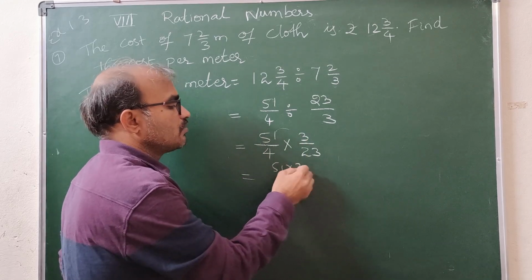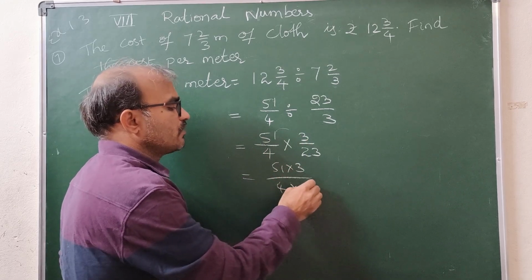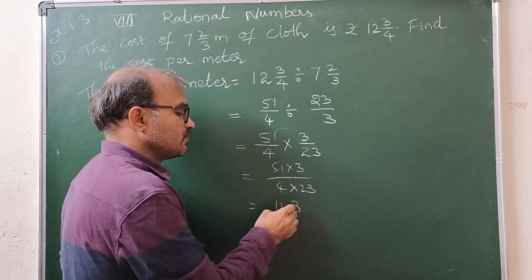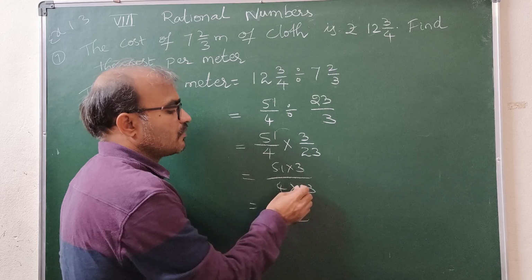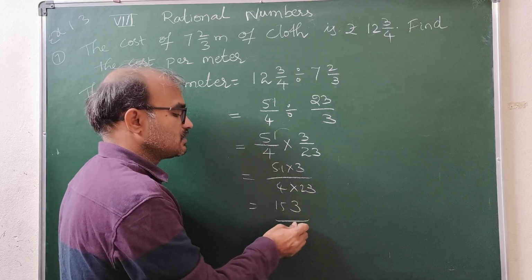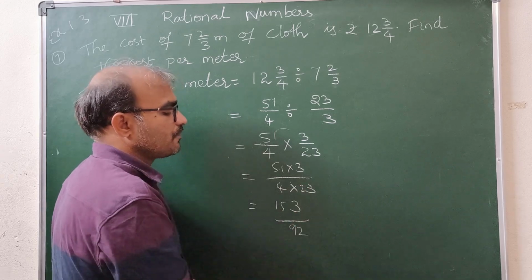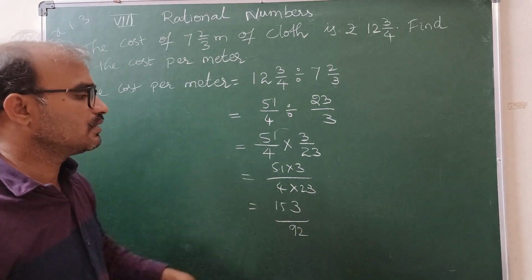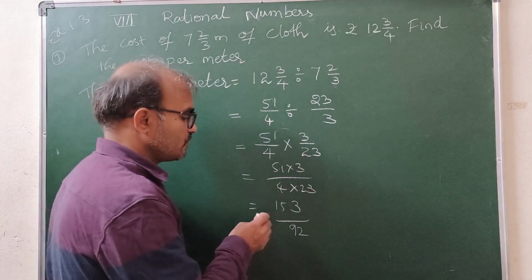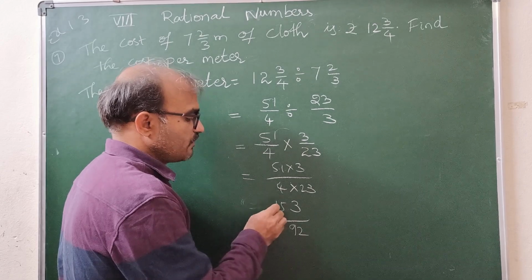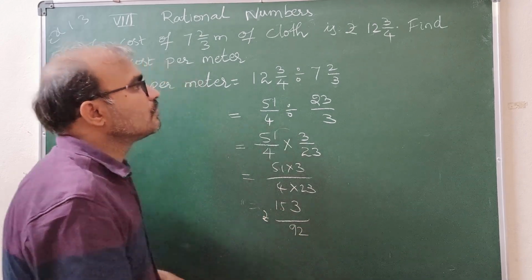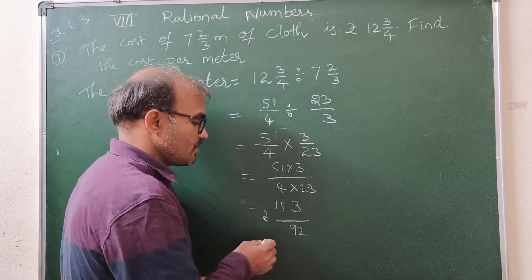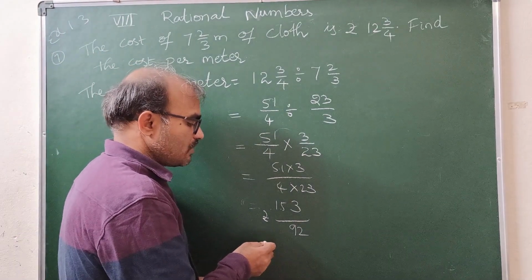So 51 into 3 by 4 into 23. 3 ones are 3, 3 fives are 15. 23 into 4: 4 threes are 12, 1 carry, 4 twos are 8, 9, so 92. So this is rupees 153/92, right? We have to convert this again into a mixed fraction.